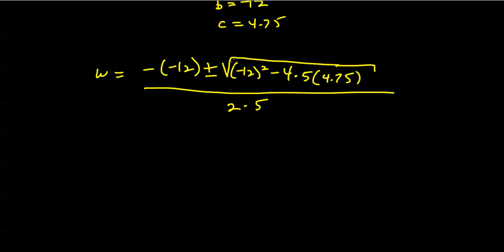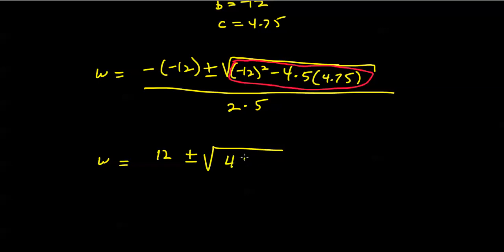I'll grind out this expression under the root sign, the radicand. First, minus 12 is positive 12, plus or minus. 12 squared is 144. 4 times 5 times 4.75. If you crunch that together under the root sign, I get a 49, and that looks convenient because we all know what the square root of 49 is.